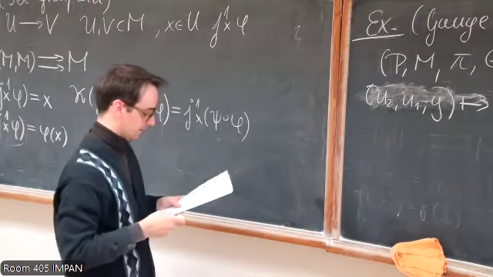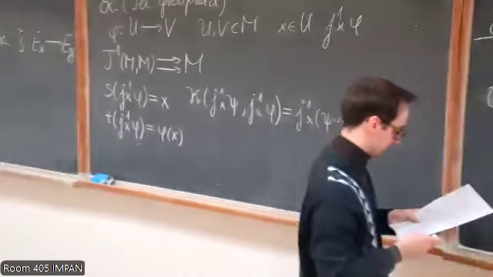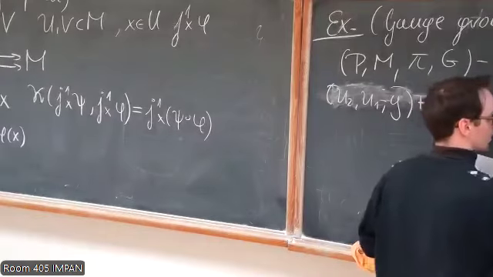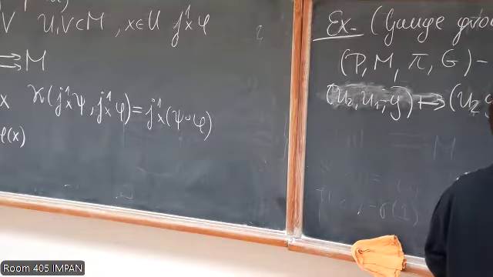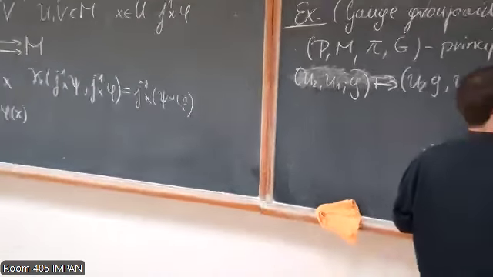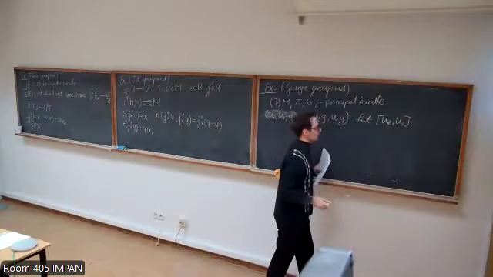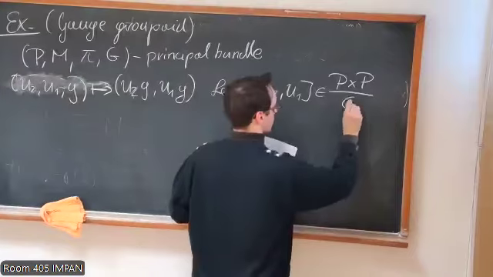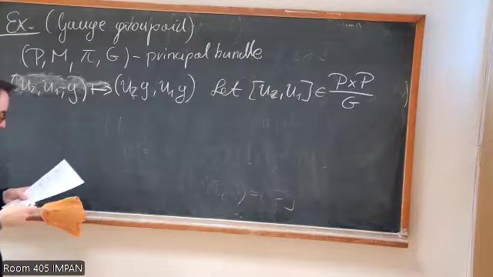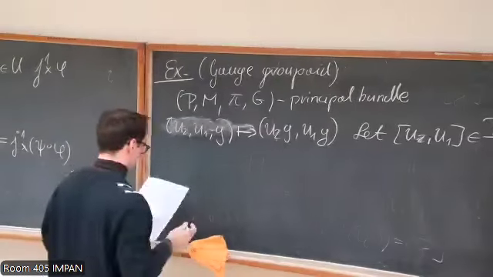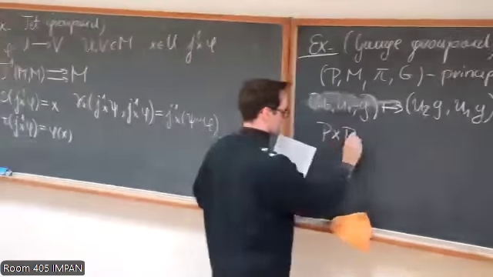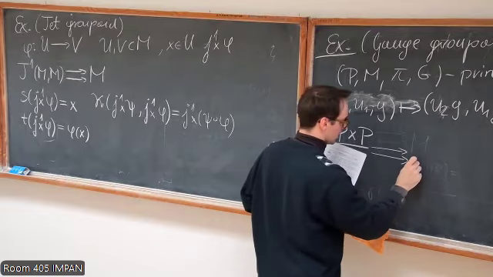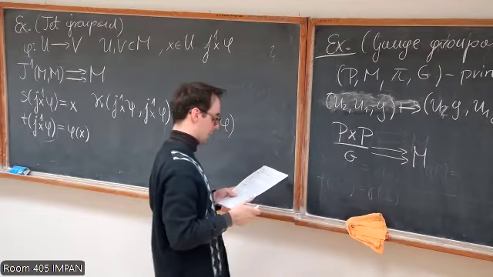Let the U1 denote the equivalence classes in E and E, the quotient by G. Okay, and then E times E divided by G is a groupoid over M.